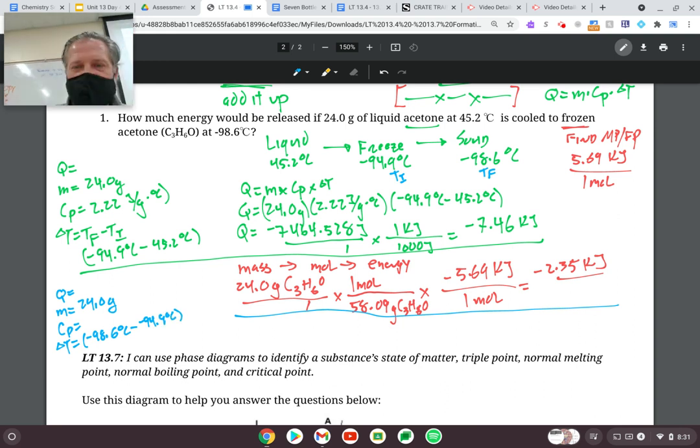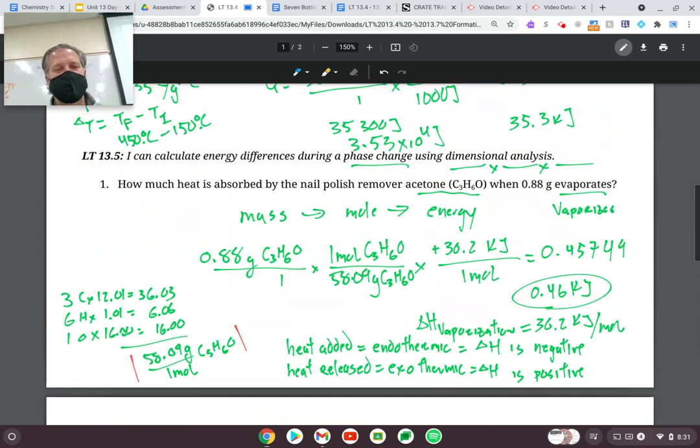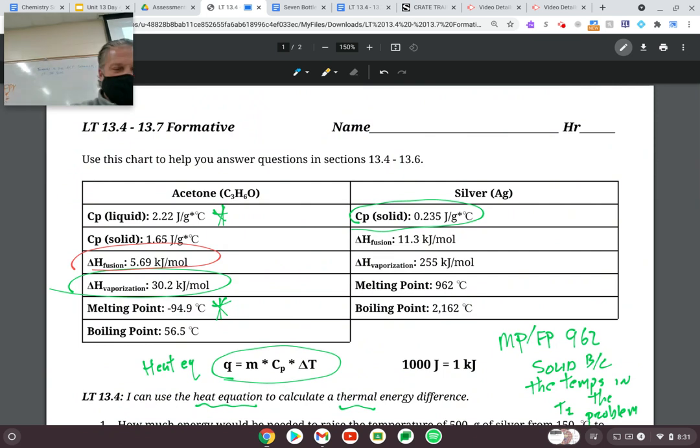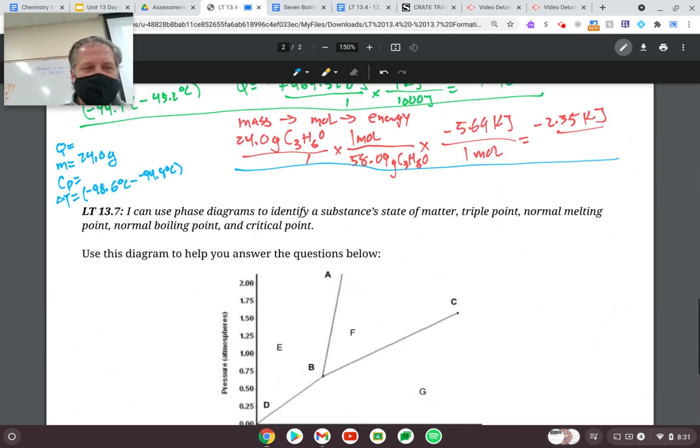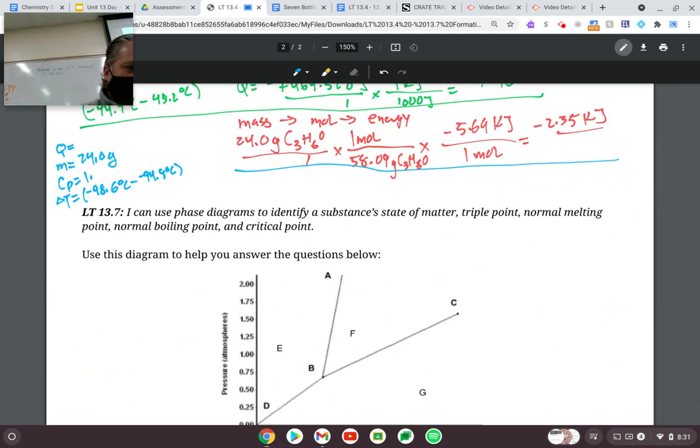And the Cp this time, it went from a liquid to become a solid, so I need to find the correct Cp. So I'm going to use the Cp this time, which is 1.65 joules per gram per degree Celsius.